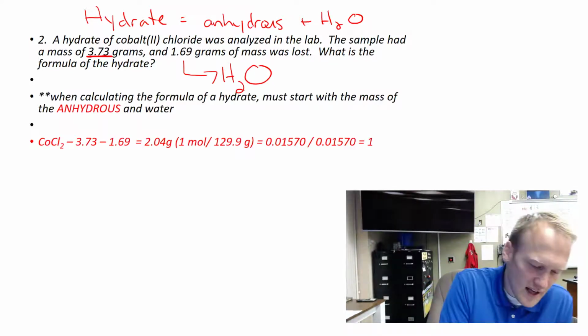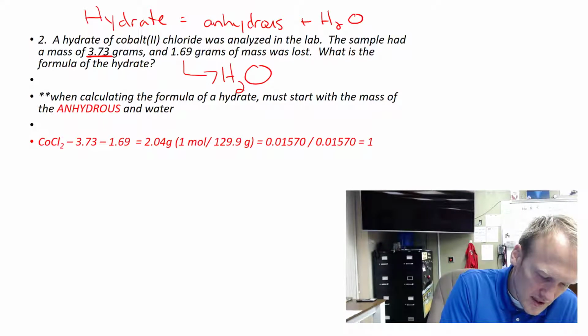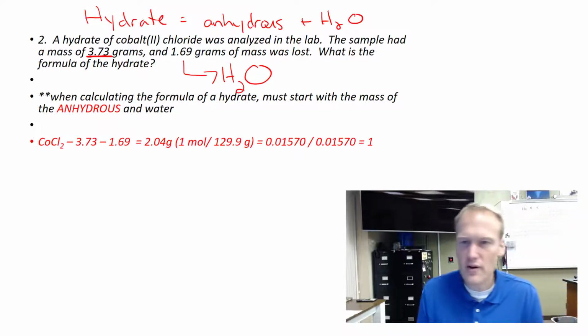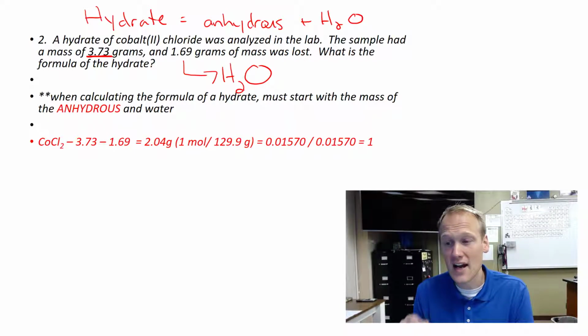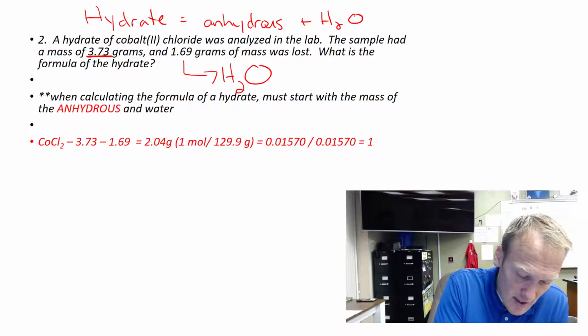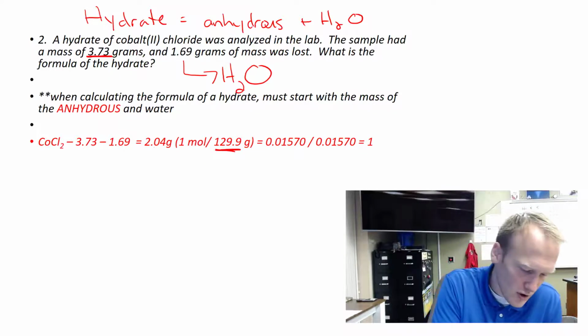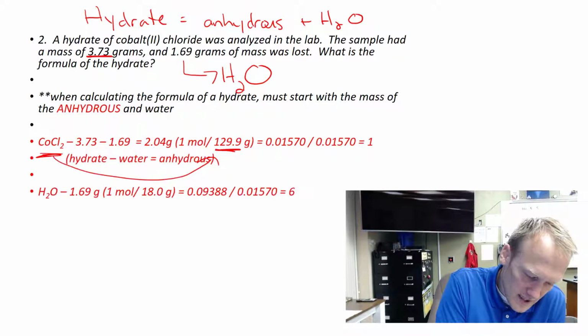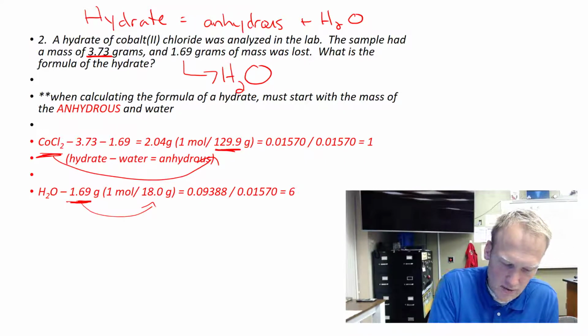As we just said, we need the anhydrous and water, so we're going to take 3.73 minus 1.69 to get 2.04. That is the mass of the anhydrous, just the cobalt-2 chloride, without the water in it. Then we're going to take that 2.04 grams and divide by the molar mass of cobalt chloride, and take the mass of our water and divide by the molar mass of water, H2O.